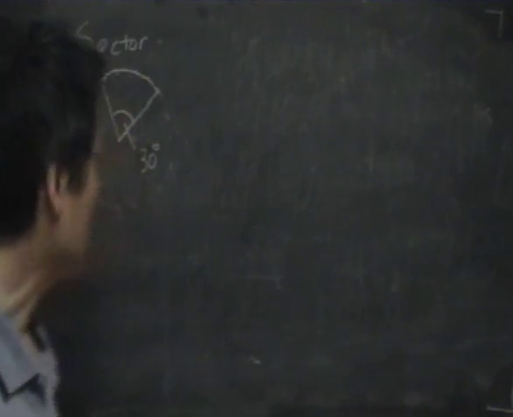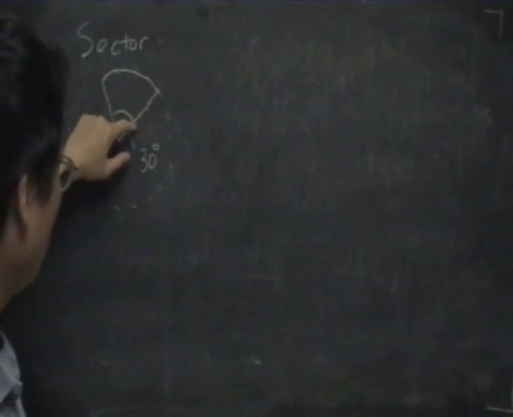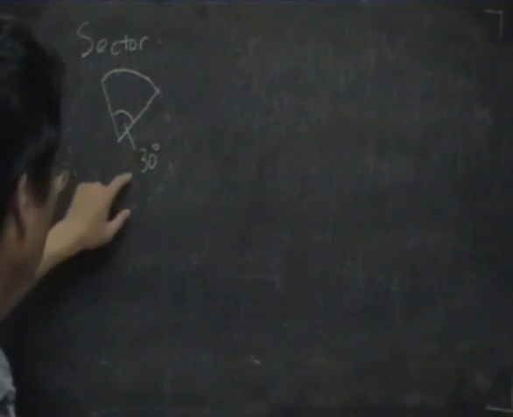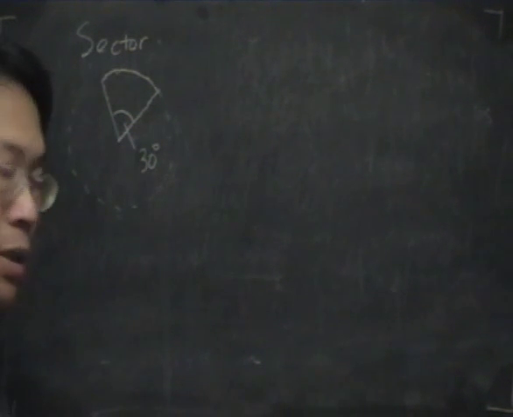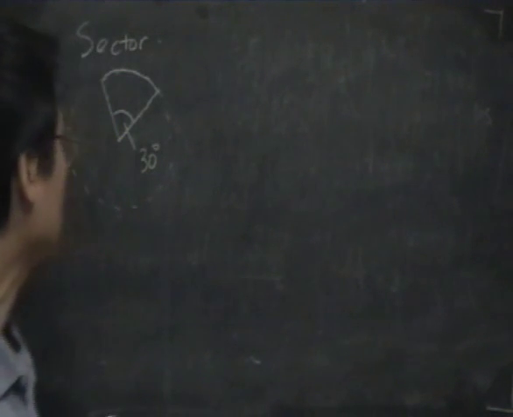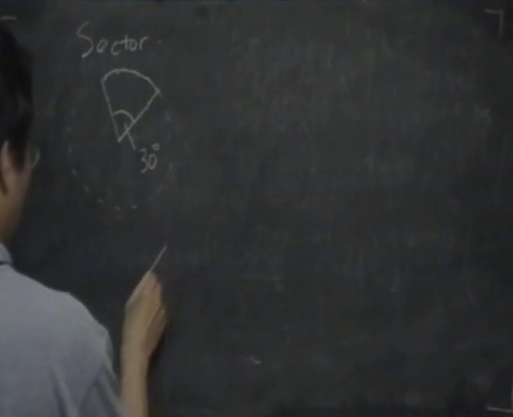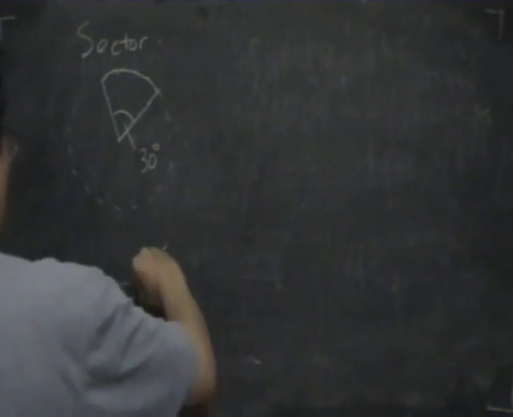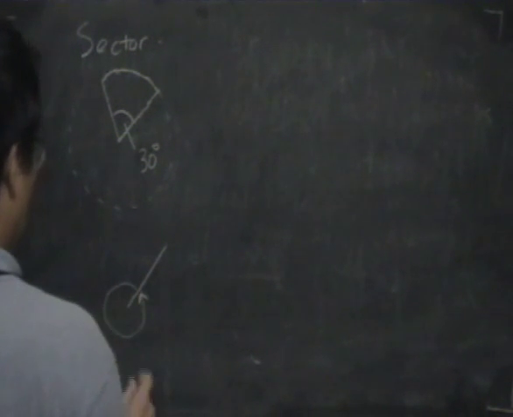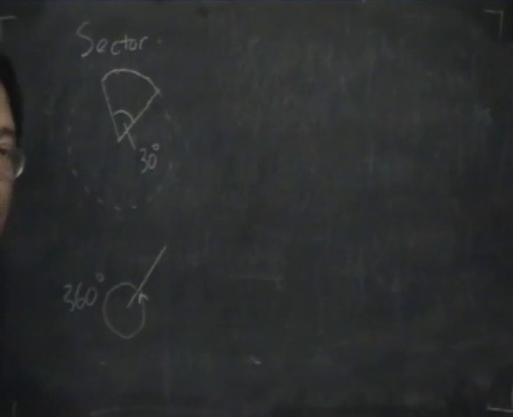Now 30 degrees is this angle, and if you go all the way around, if you have an angle that goes all the way around, then that's 360 degrees. Okay, so if I have a line there, an angle like this is 360 degrees.